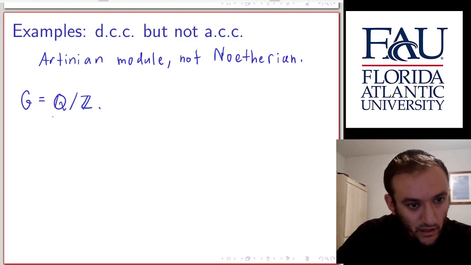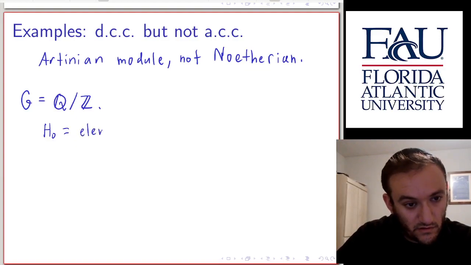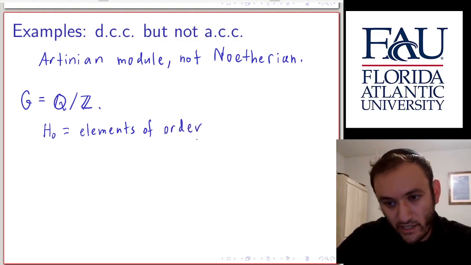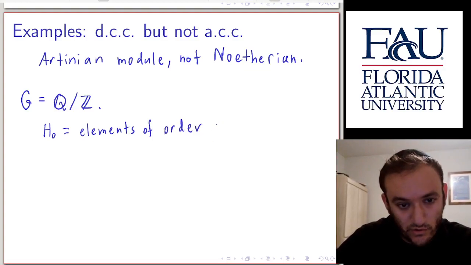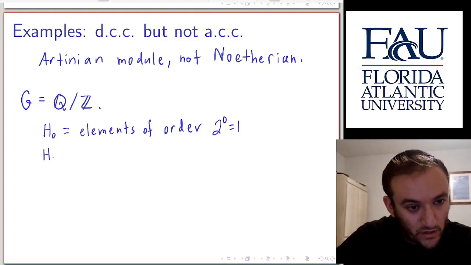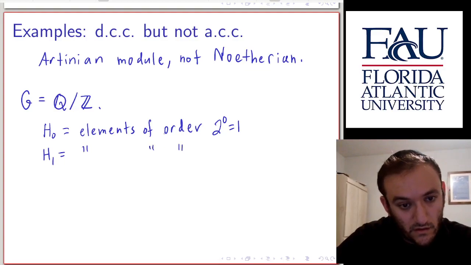So take H0 to be the elements of order, let's be concrete and say p equals 2. So this will be order 2 to the 0, which is 1. Then H1 will be elements of order 2 to the 1, so that's elements of order 2.